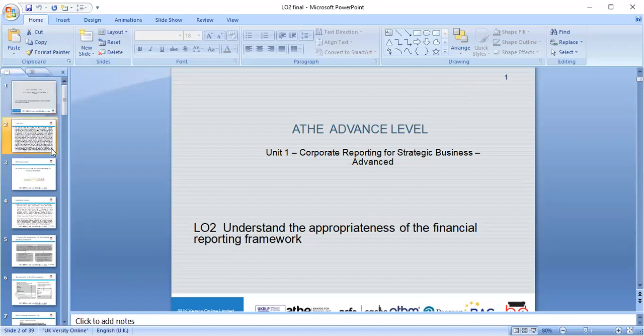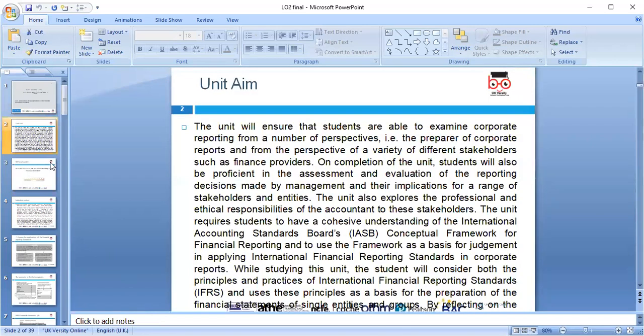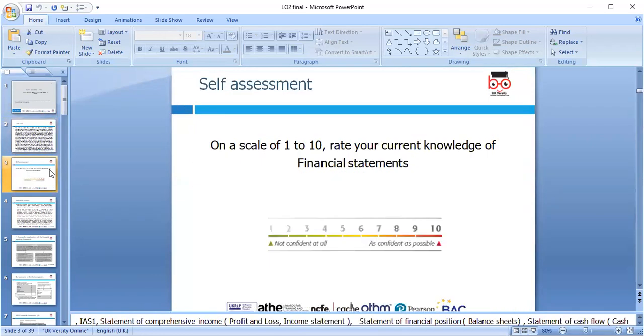We already discussed the aim of this unit. It is always good to reflect and refresh your knowledge about financial statements. Most of you work in accounts, so you already know the different elements of financial statements.